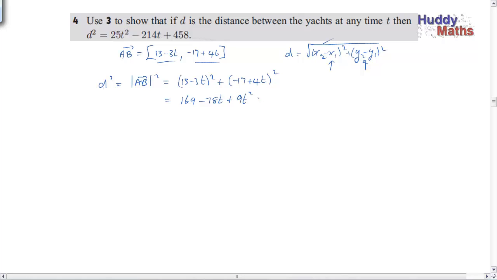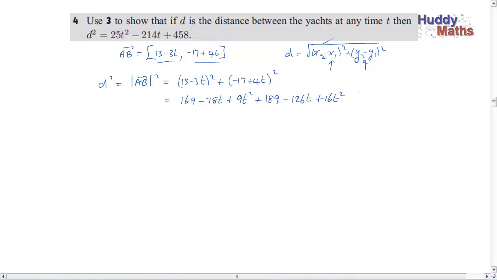And now we've got plus, now neg 17 times neg 17 is positive. And what is that? 289, is it? Is that right? 189, what do you reckon? I think it's 189 take 126t plus 16t squared. Should be using a calculator for this, but there you are, we've got that.